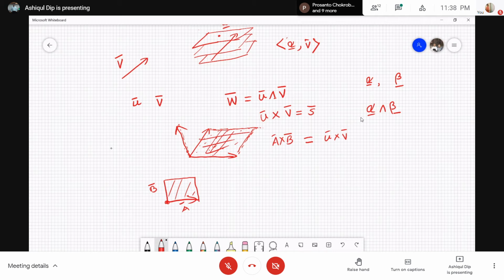And similarly, we could have, say, this vector, let's call it V. Do they have the same area or not? Yeah, I think they do.